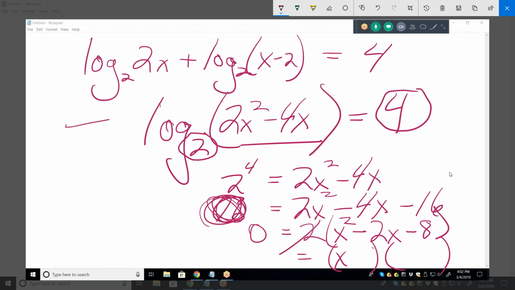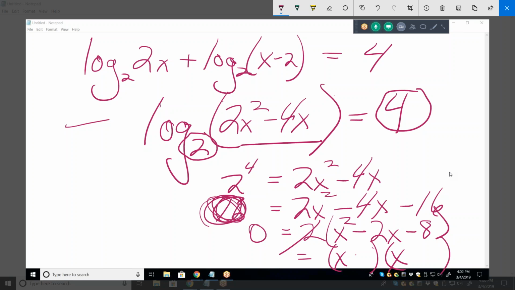x, okay, it's 4 and 2. What are the signs? When I factor something, I separate the x squared term first, then I determine both signs. Positive and negative, or negative and negative? Can't be. There's no way you can produce a negative 8.